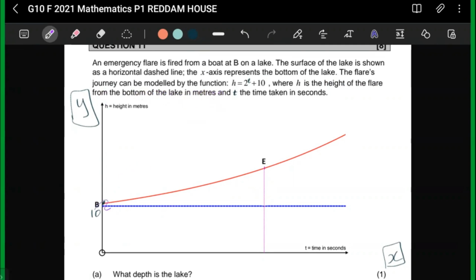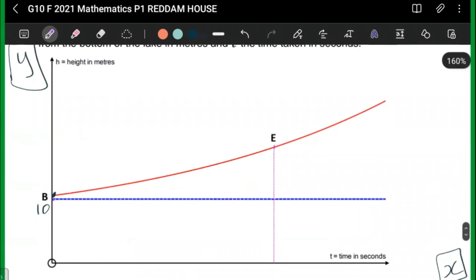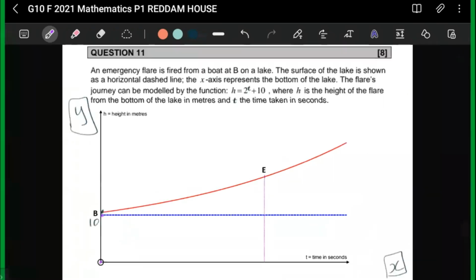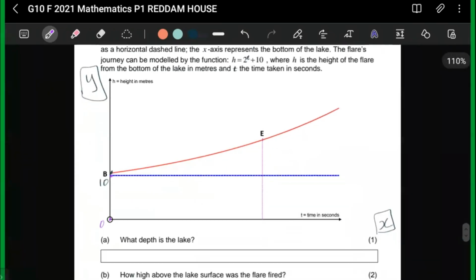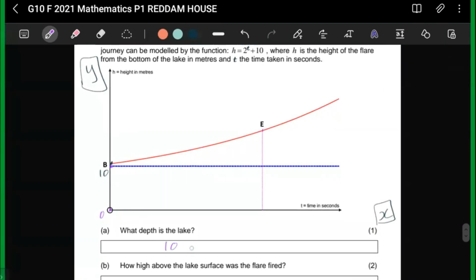So this is the surface of the lake, and at the bottom is where 0 would be. So when you ask for the depth, it's just 10 meters. There we go.